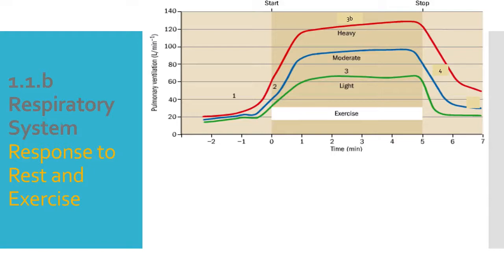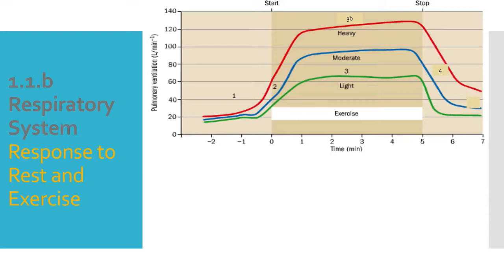So to start off with, number one, what have we got? We've got an anticipatory rise, again due to the release of adrenaline, but instead of saying stimulates the SA node to increase its firing rate, we're just going to say it stimulates the RCC. When exercise begins, VE increases, to supply the increased demand for oxygen.